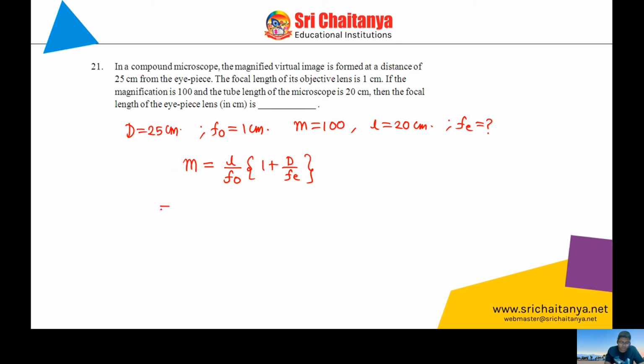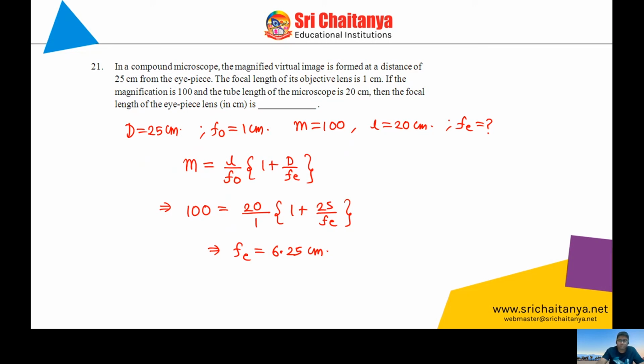Substituting all the given values, M is 100, L is 20, F naught is 1, and D is 25, and FE we are required to find out. After solving, FE will be equal to 6.25 centimeter. And I think the key given by NTA is 5 centimeter, so that is obviously not correct. So this is question number 21.